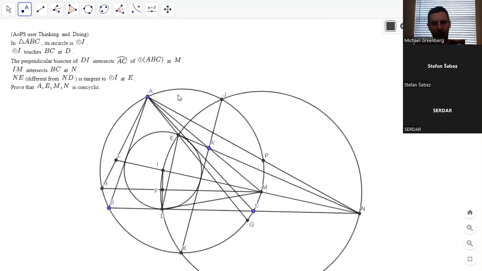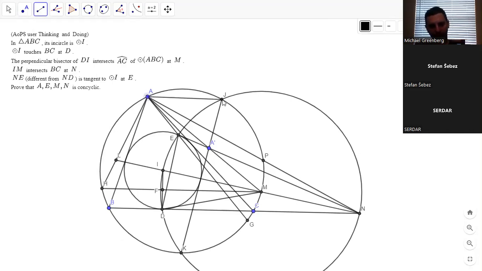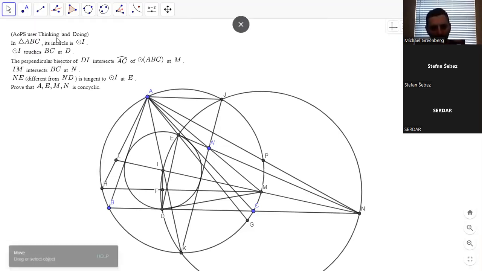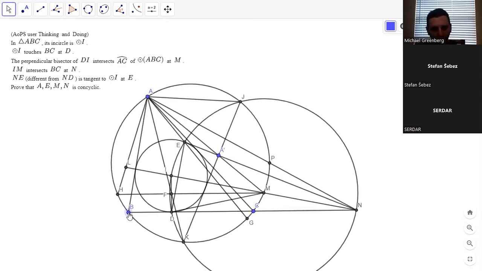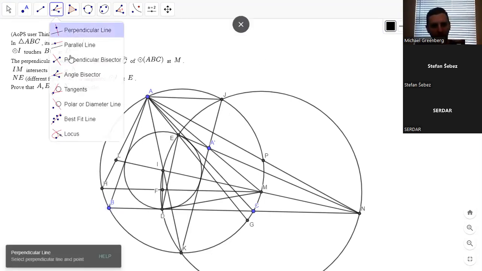I wonder, what can we say about J and K? Are A, I, and K collinear? Let's see. No. Let me try something.